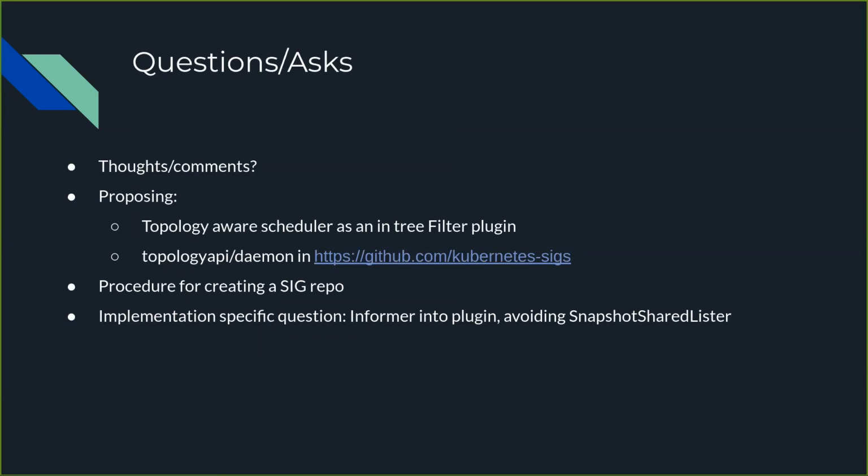So there are two things. There is the plugin itself, which I think it's fine to have in the scheduler repo, the same way we did with the CSI, as long as there's buy-in from multiple SIGs in Kubernetes. But the CRD type itself, and who's going to maintain that CRD, the type, I don't know if there's any functionality around it, like utility functions, etc. I feel that it belongs to the node more than the scheduler.